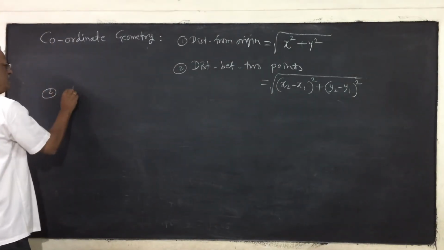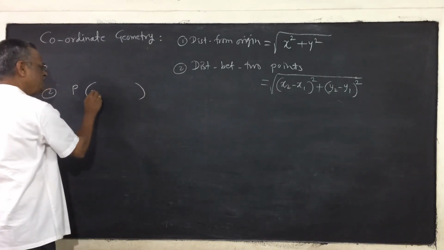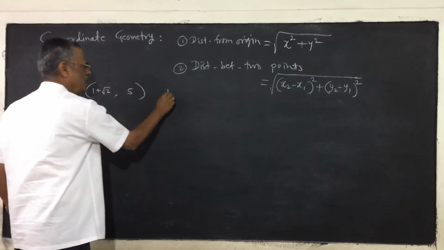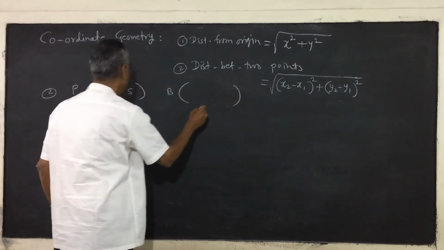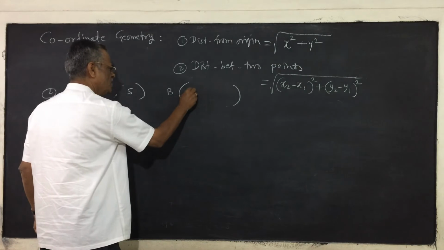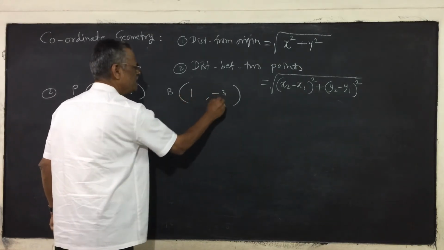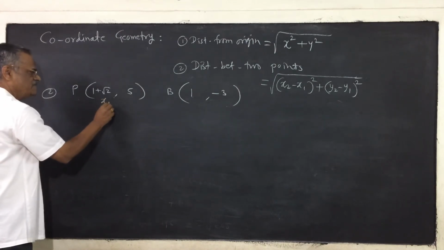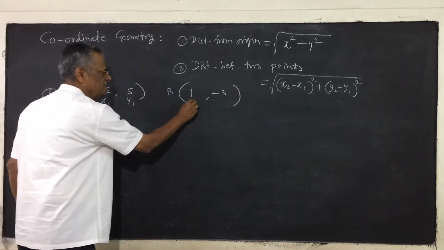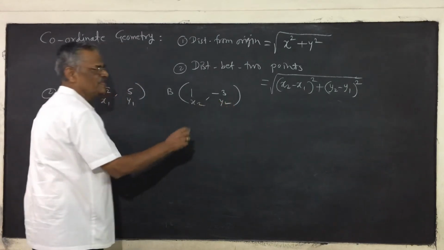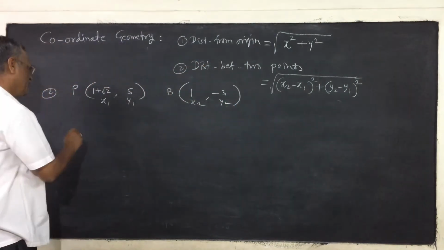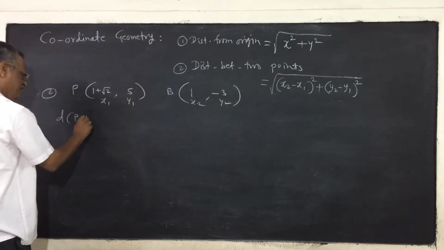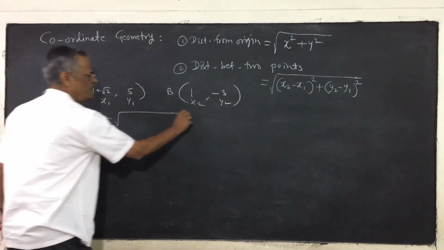Suppose P is the point and coordinates are 1 plus root 2, 5, and B point coordinates are suppose 1 and minus 3. What is the distance? That is problem. So this is your x1, this is y1, this is your x2, this is y2. Use that distance formula. Write down distance between P and B is equal to under root.